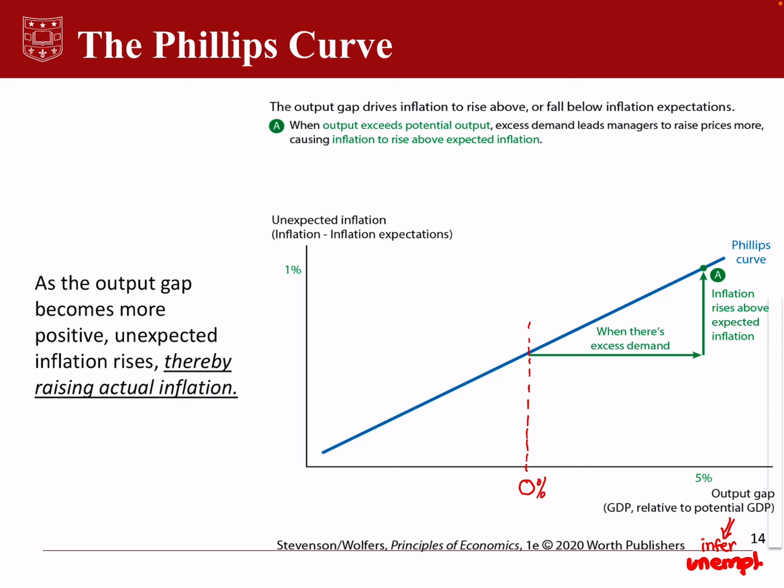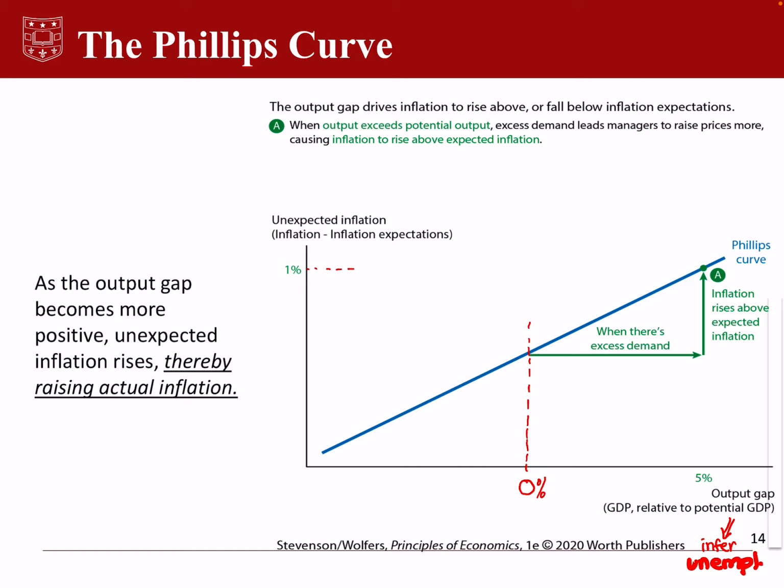When the output gap becomes more positive, there is a positive excess demand, right? The demand for goods and services exceeds current production. Unplanned inventories drop. Firms will respond by producing more, and the output gap, of course, then becomes positive. And they may as well respond by increasing prices. And as a result, we would see that the rate of inflation will rise above expected.